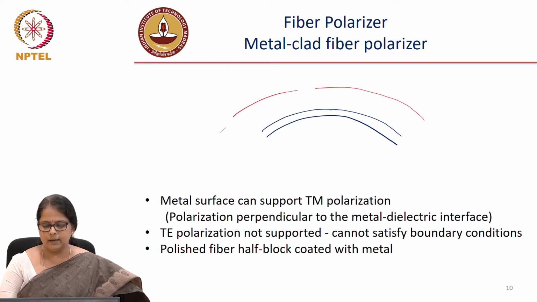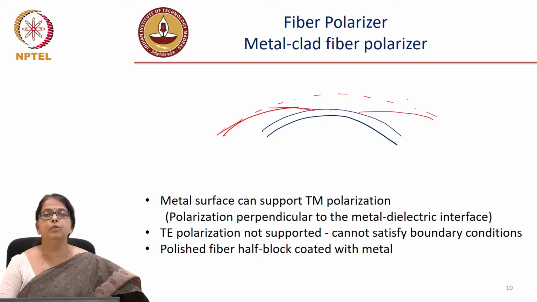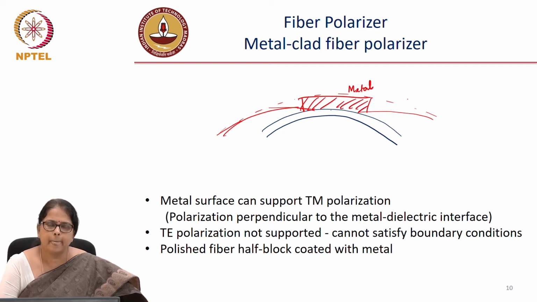What is done is you polish the cladding of the fiber such that you almost reach the core in a specific section of the fiber, and in that region you coat the fiber with metal. Any metal, but typically silver is used for this purpose.